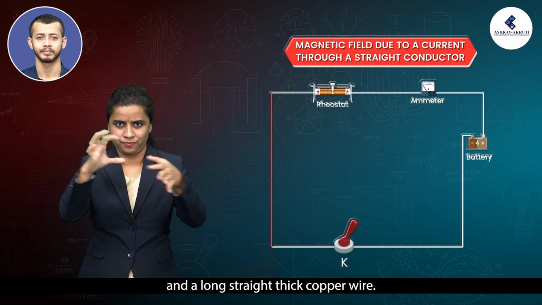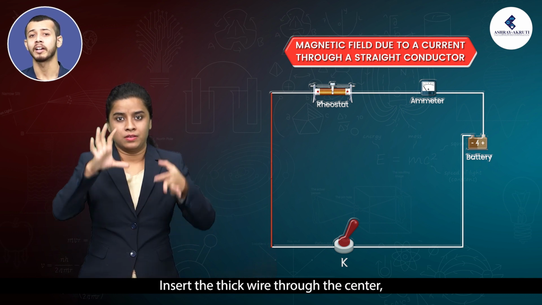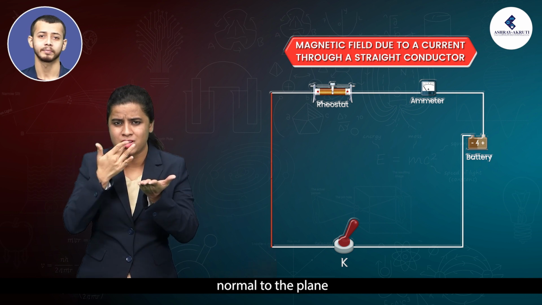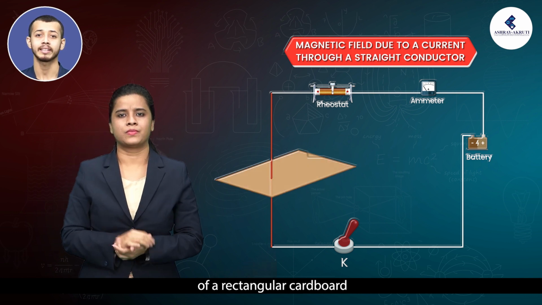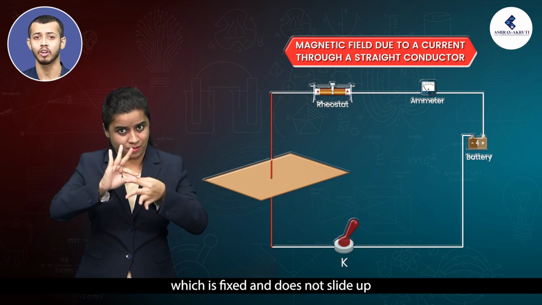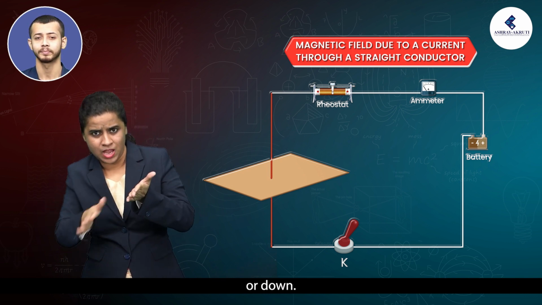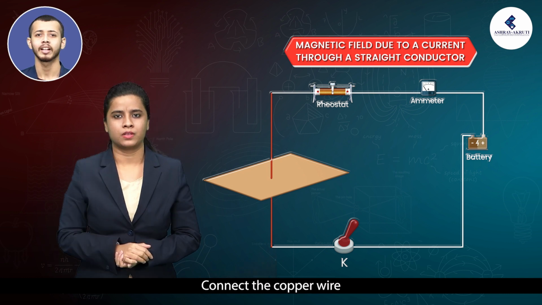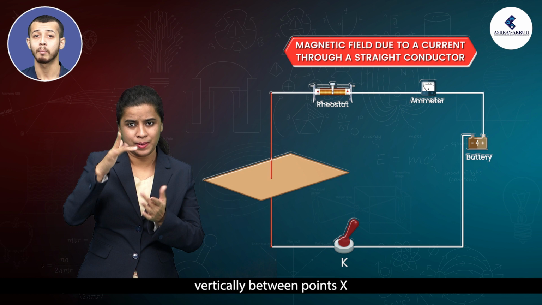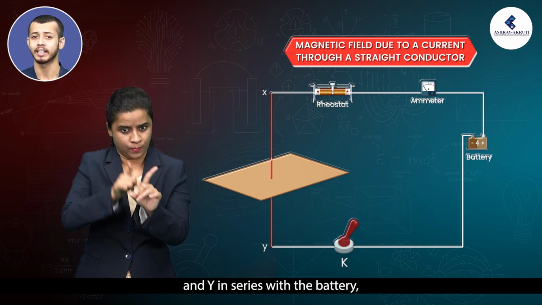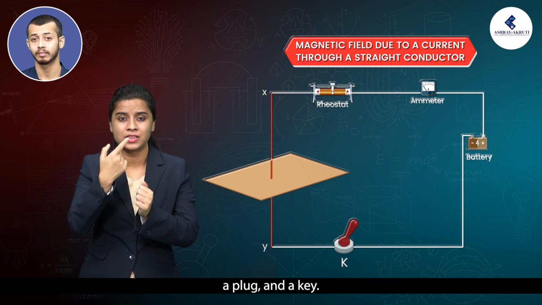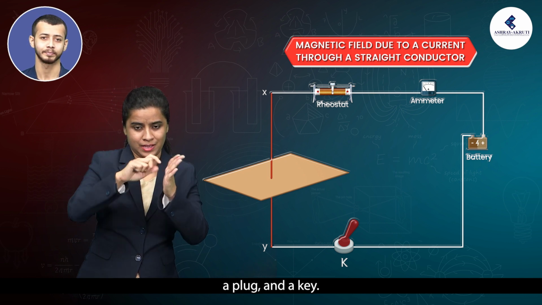Insert the thick wire through the center, normal to the plane of a rectangular cardboard which is fixed and does not slide up or down. Connect the copper wire vertically between points X and Y in series with the battery, a plug and a key.